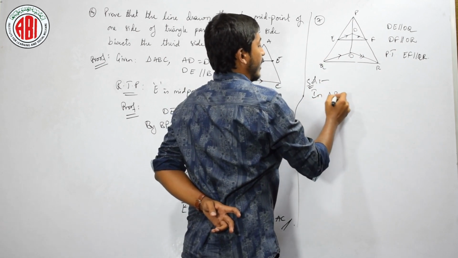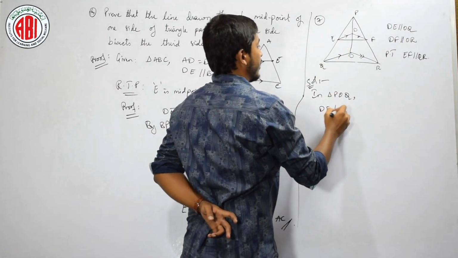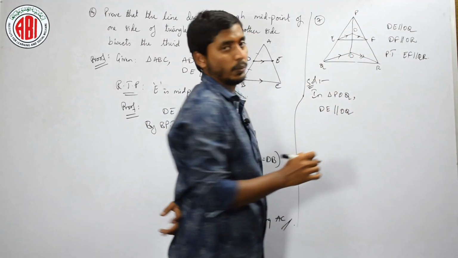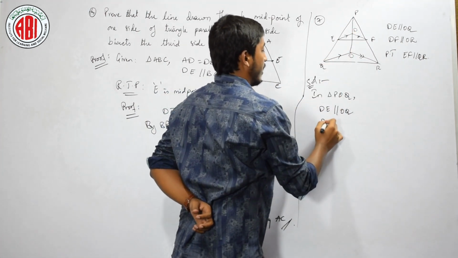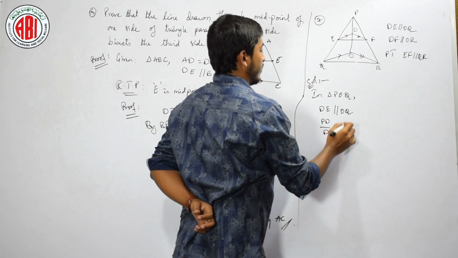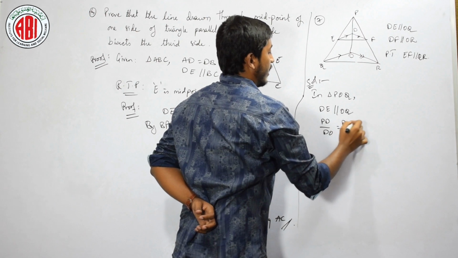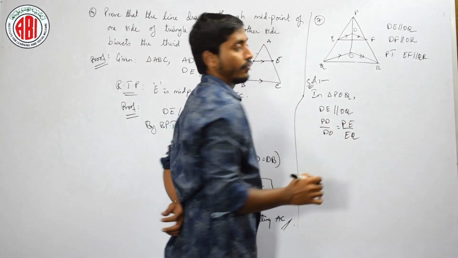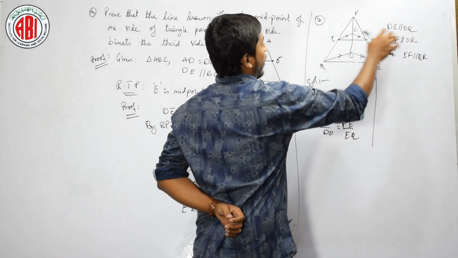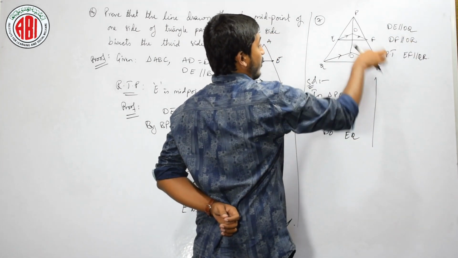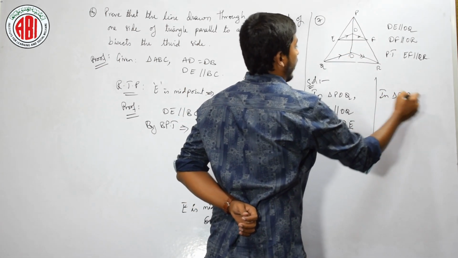In triangle POQ, what is given? DE is parallel to OQ, right? Then what is the condition? DE is parallel to OQ means PD by DO is equal to PE by EQ, right? Let it be. Now let us check the second condition. DF is parallel to OR. DF and OR belong to this triangle, that is, triangle POR.